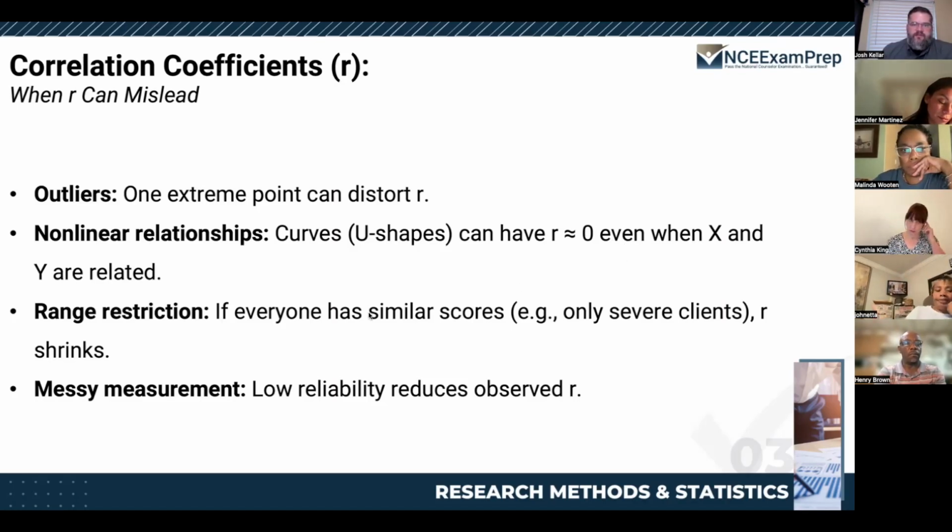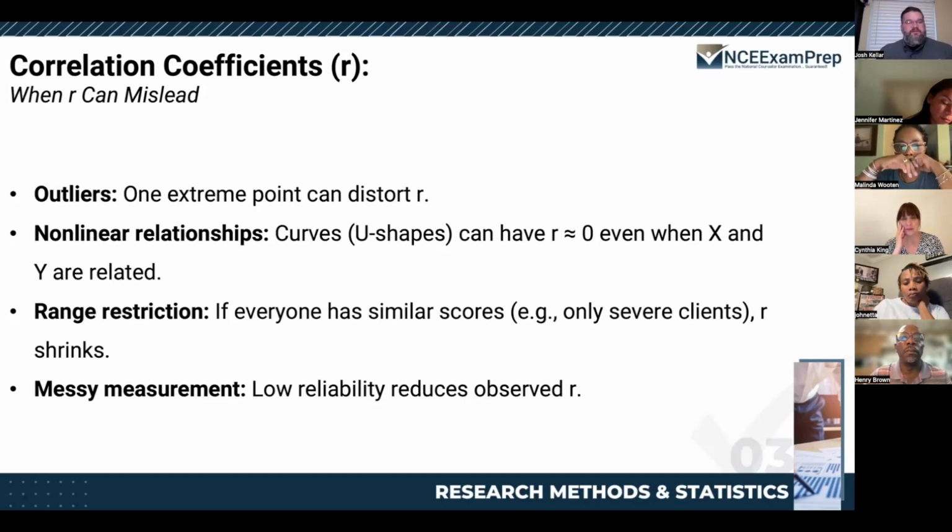Range restriction: if everyone has similar scores, for example, only severe clients, then your coefficient's going to be smaller. Or messy measurement, so low reliability reduces your observed correlation. You don't have to memorize all these, but just know that there's things that can create an inaccurate correlation coefficient. Okay.